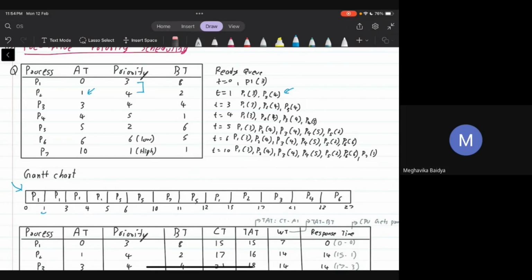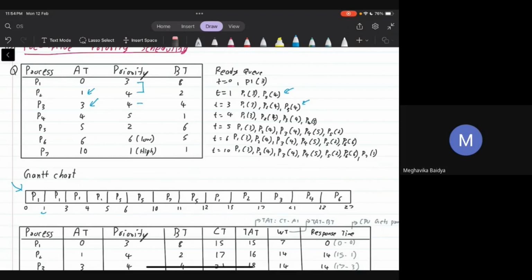You will run until the next process comes, which is P3. P3 comes and its priority is also 4. So we'll just put it here. In case the priorities are the same, you will take the process which has the lesser ID number, which is P2.